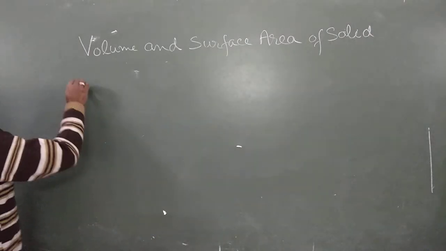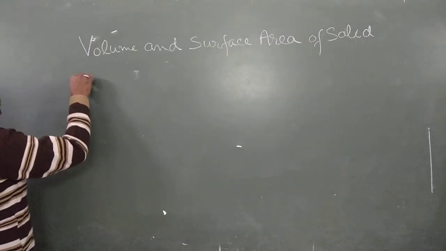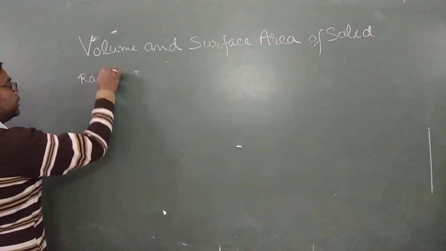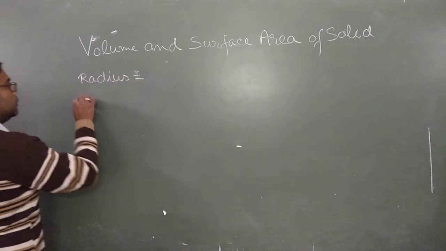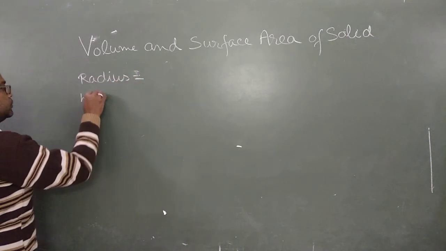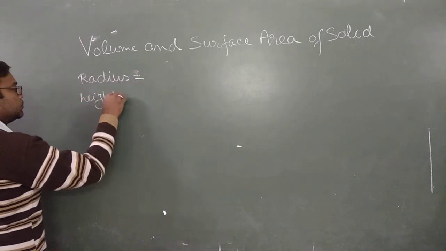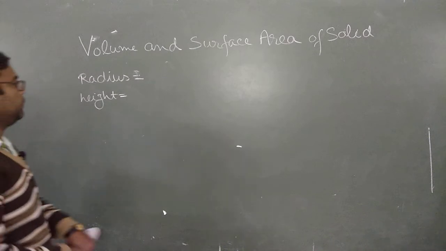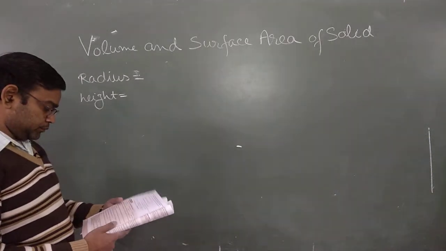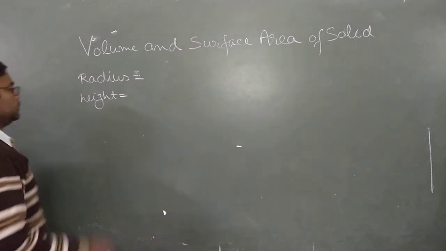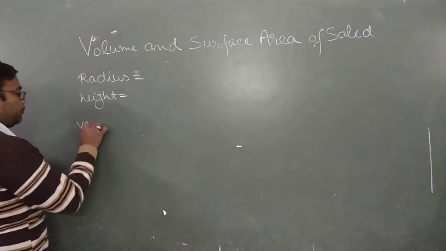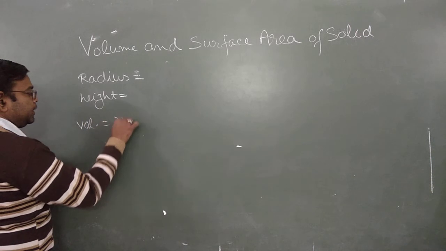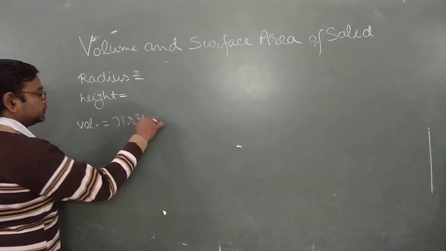If the radius of a cylinder is given to you, and the height is given to you, then you can easily find out the volume by using the formula pi r square h.